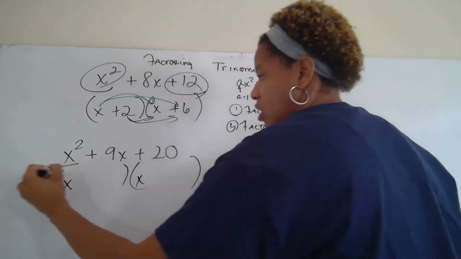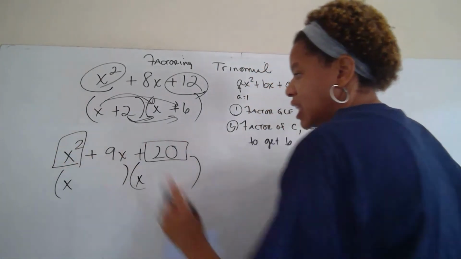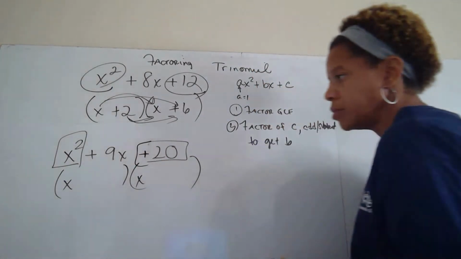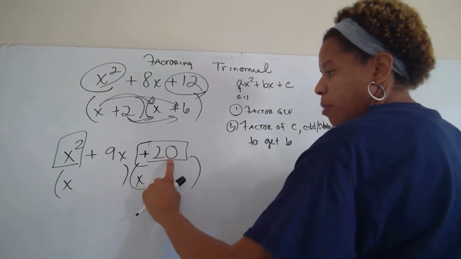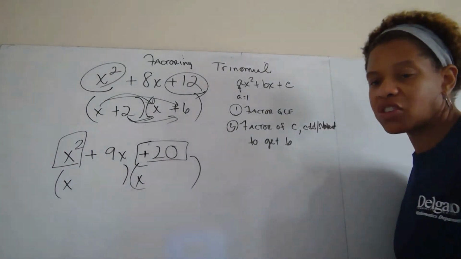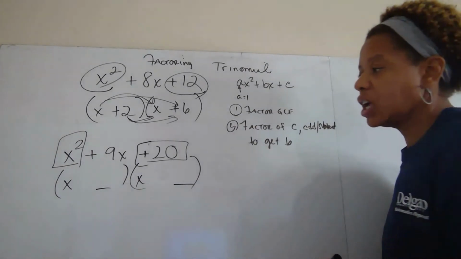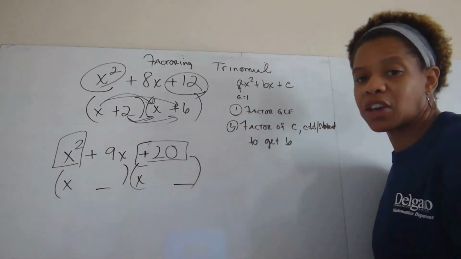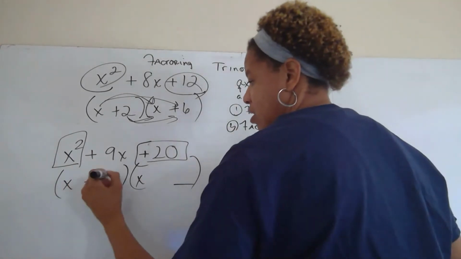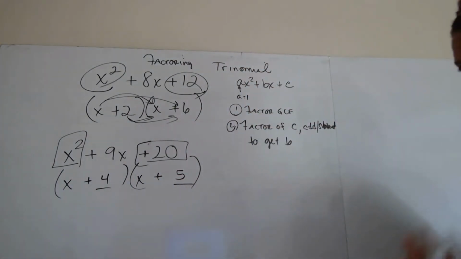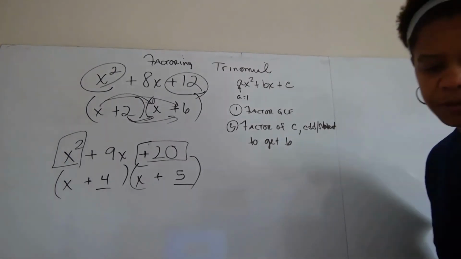So you always look at the first term and you look at the last term. So split up the first term and then figure out the factors of the last term that's going to go in these two positions. Okay, so what are factors of 20 that can create the 9? Well, we did that. It's a plus 4 and a plus 5. And if you multiply that out, you will see that you would get the original problem.